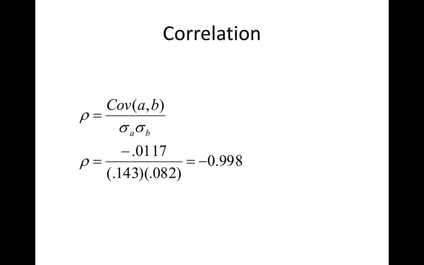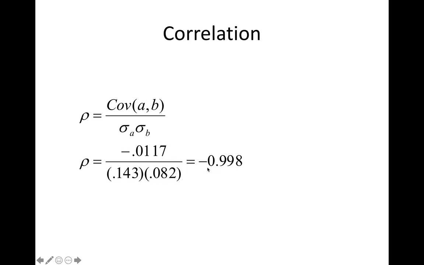But when we want to give it a bit more quantification, whether we want to look at a one-to-one mapping of a kind, then we go on to compute the correlation coefficient, which is captured easily as the covariance that we have computed divided by the standard deviations of the two securities that we are interested in. So in this case, we take our computed value of negative 0.0117 and divide that by the standard deviations of the stock fund and the bond fund.